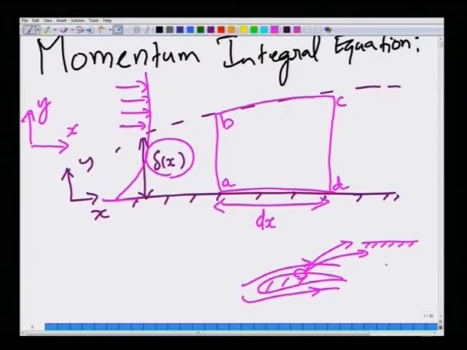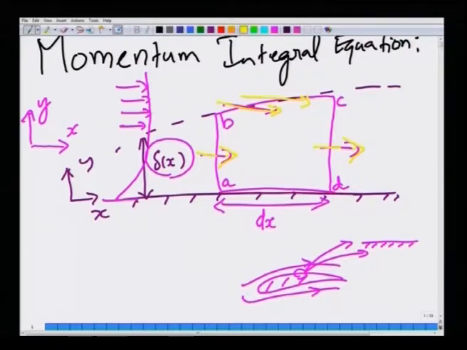The integral momentum balance simply says that the net momentum flux due to inflow and outflow through these three faces of the control volume must be equal to the net forces acting on the control volume. The momentum flux can enter the control volume through the face AB, leave through face CD, but since the edge of the boundary layer is not a streamline, fluid can also enter the boundary layer through the surface BC.